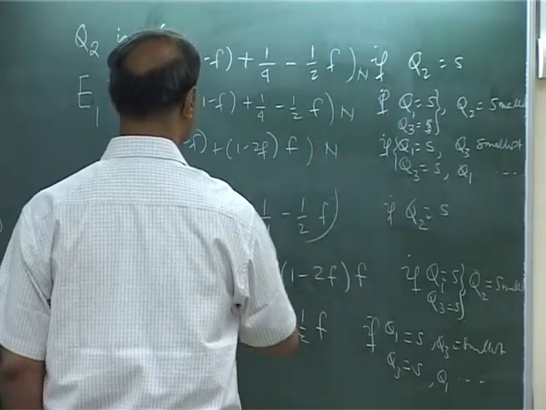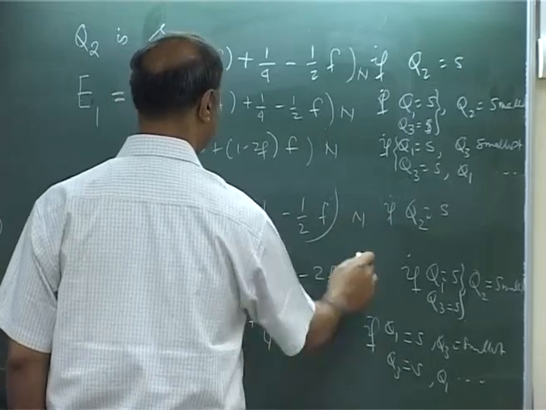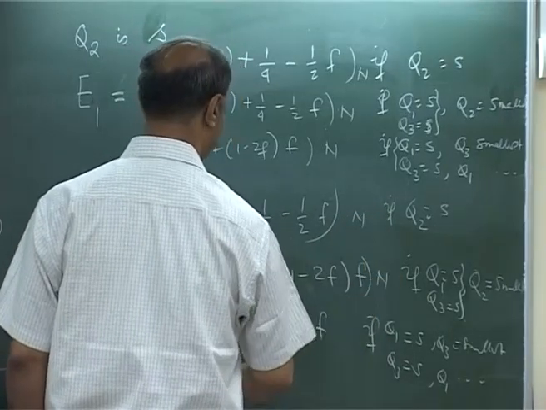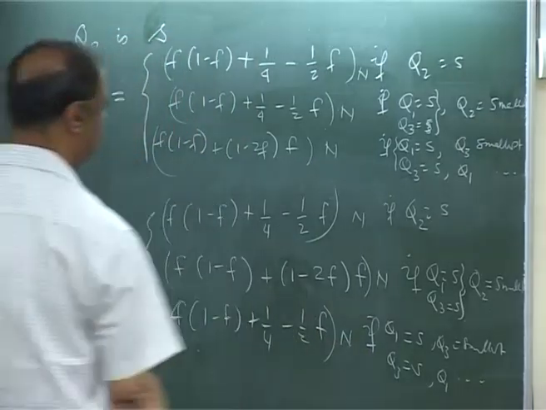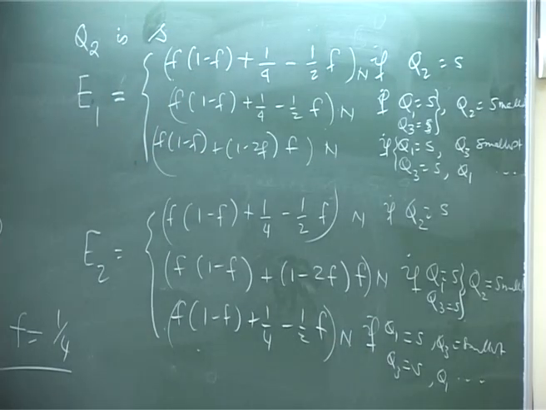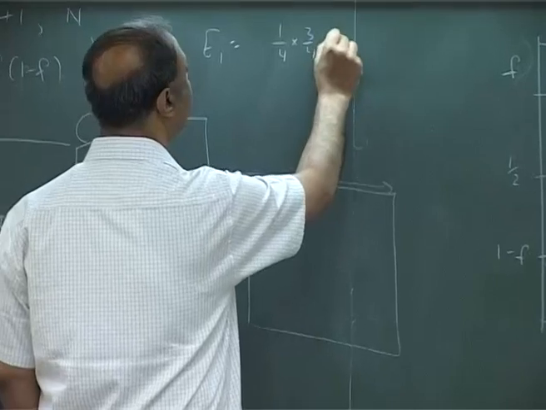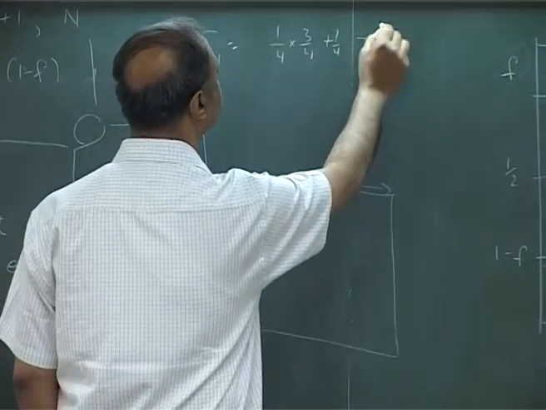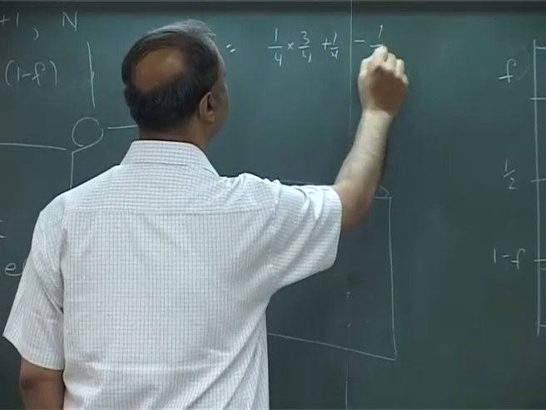Right? Total size. This is the factor. So total size is there. If F equals 1 by 4, what happens? The value is what? 1 by 4 times 3 by 4, plus 1 by 4 minus 1 by 8.